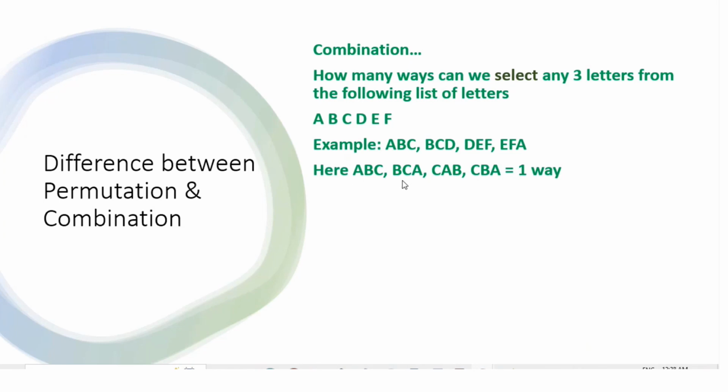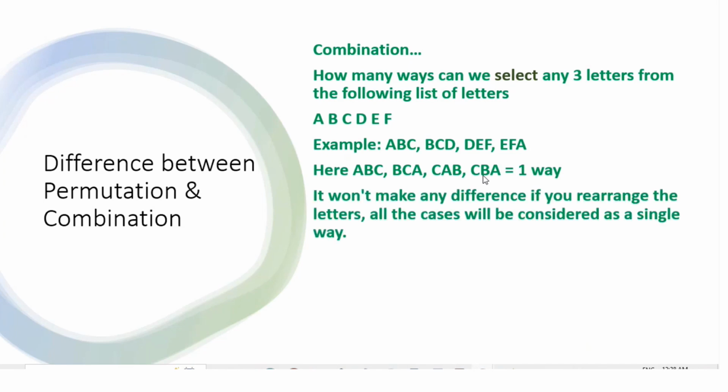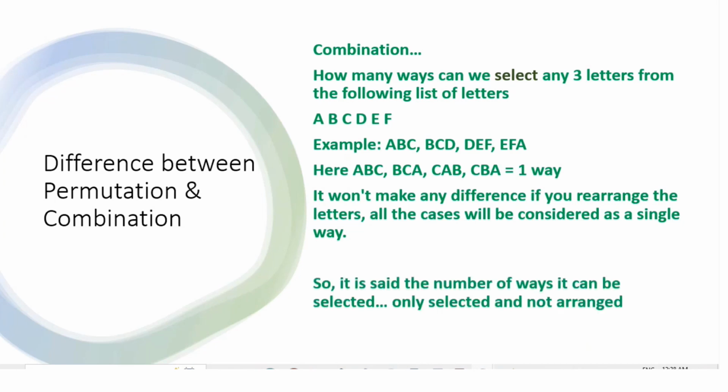All these are just rearrangements of ABC. But does that make any difference? No, all these can be considered just a single way. It won't make any difference if you rearrange the letters. All the cases will be considered as a single way. So this is the number of ways it can be selected, only selected and not arranged.